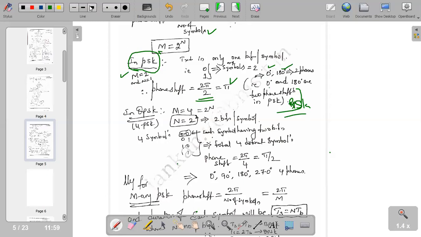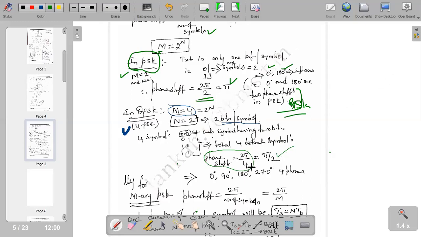Similarly, in case of QPSK system, the number of symbols used here is M equal to 4, and the number of bits per symbol is 2 bits per symbol. So what are the phase shifts used here? It is 2 pi divided by 4, that is pi by 2.